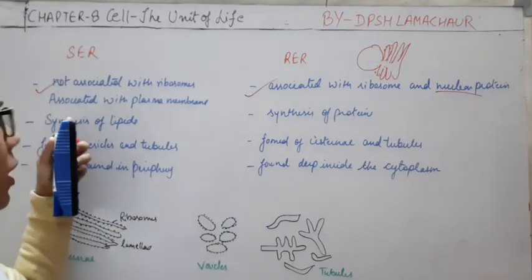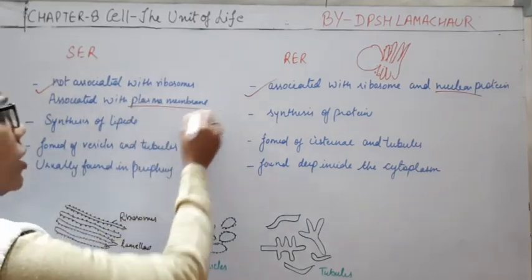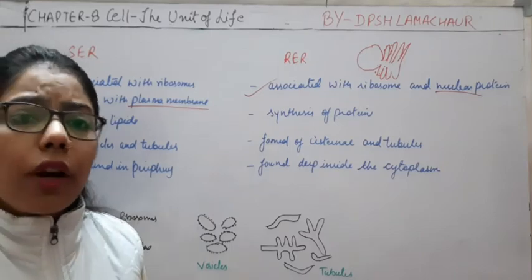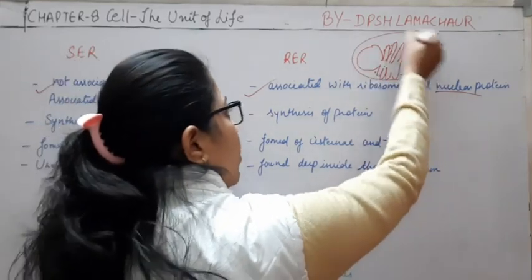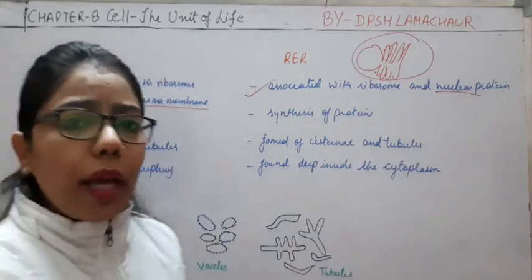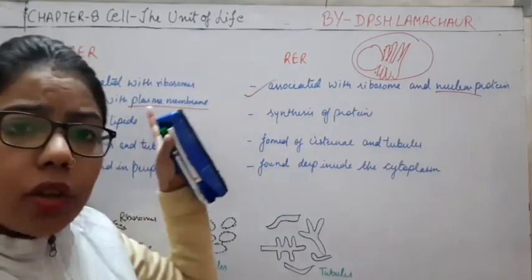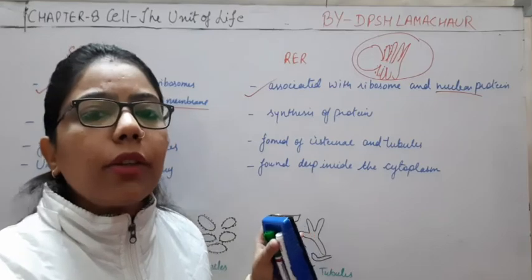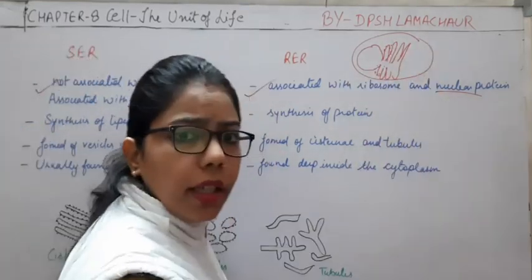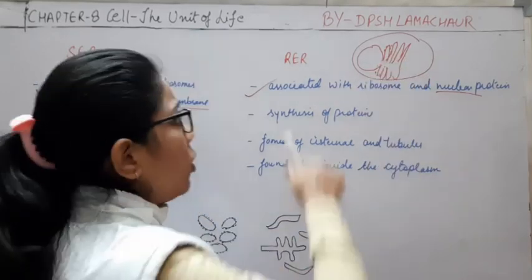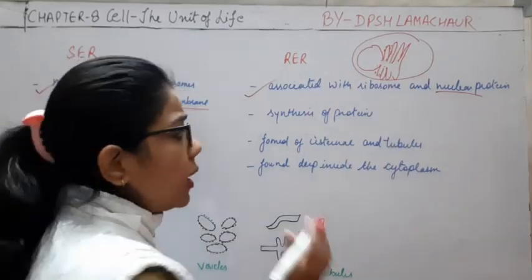So another one we can say, these are associated with the plasma membrane. Why? Because we know that it is covered by what? It is covered by the cell membrane or the plasma membrane. So here, if we talk about the smooth endoplasmic reticulum, they are towards what? They are towards the plasma membrane. You can see here. And if we talk about the rough endoplasmic reticulum, they are towards what?